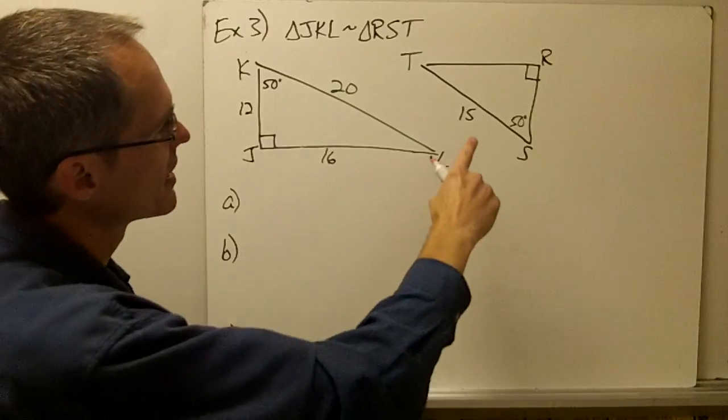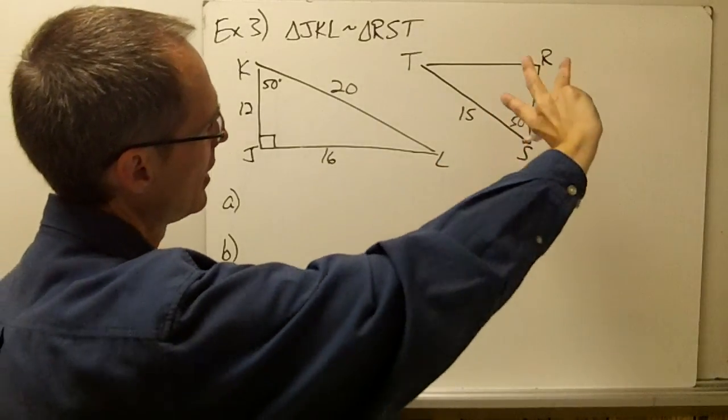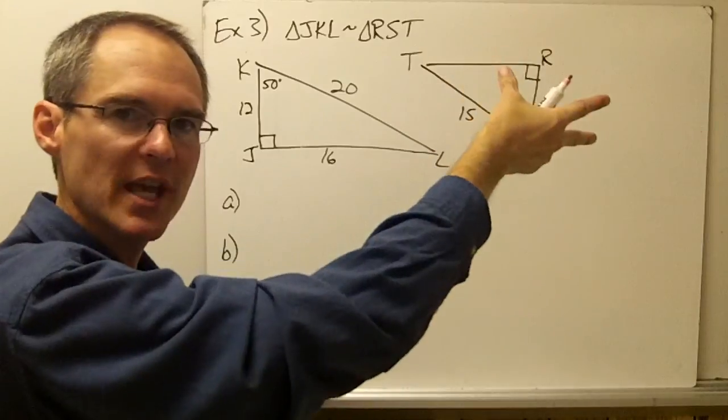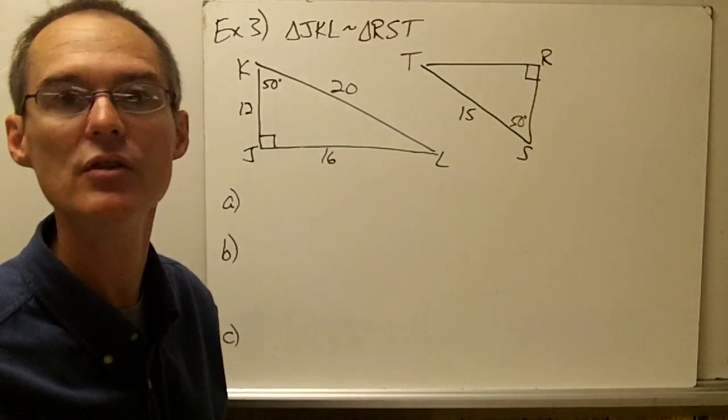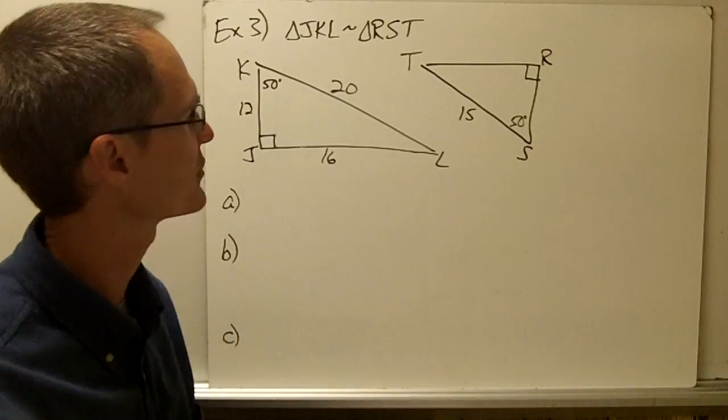So the first thing I'm going to do is take this triangle and rotate it so that it's facing the same direction as this triangle. That'll make it easier for me to match up the corresponding angles and sides.